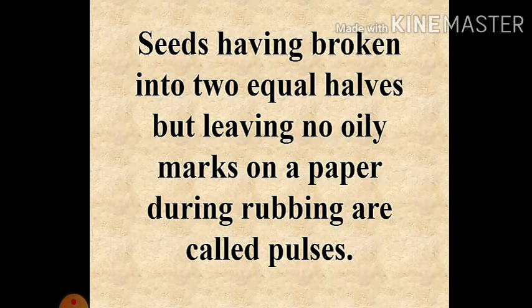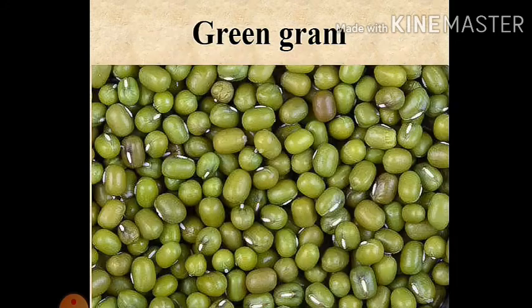So when you take a seed and break it, it breaks into two equal halves, but it does not release any oil, because when you rub it on a paper, it does not leave any oily marks or oil stains. Those seeds are known as pulses.